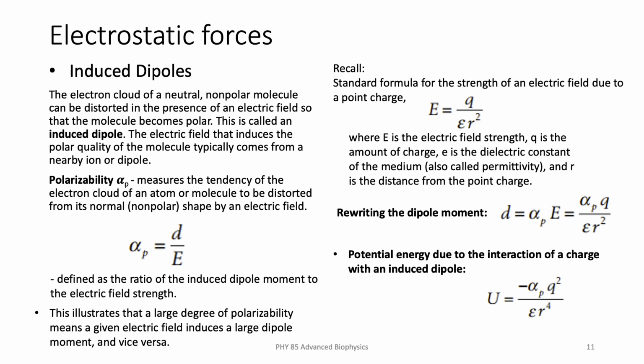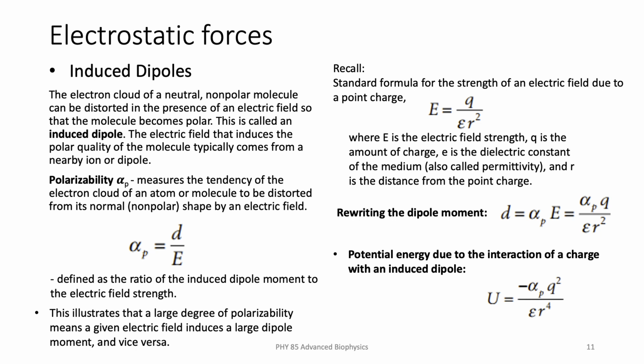Another dipole interaction is the induced dipole. The electron cloud of a neutral, nonpolar molecule can be distorted in the presence of an electric field so that the molecule becomes polar. This is called an induced dipole. The electric field that induces the polar quality of the molecule typically comes from a nearby ion or dipole.